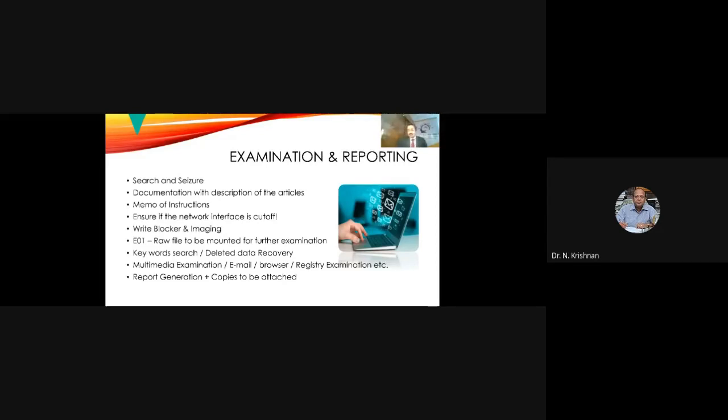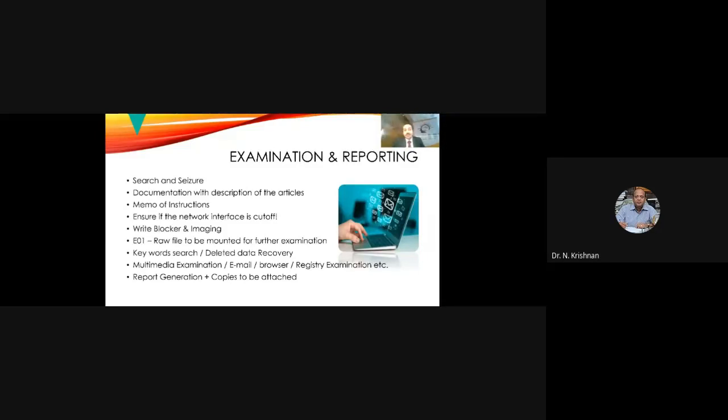However, examination and reporting aspects need to be looked at. The search and seizure procedures need to be secured, because if any procedural aspect is compromised, even if we have the best data in hand, still the benefit of doubt is given to the accused. First, the procedure the police officers follow for search and seizure of electronic or digital evidence is to be secured, as per the procedure they have to follow to secure the devices.